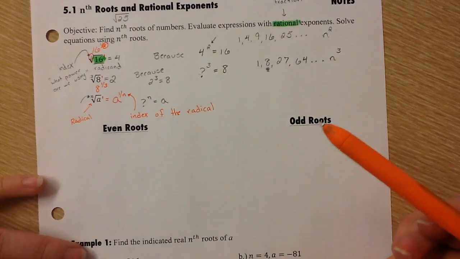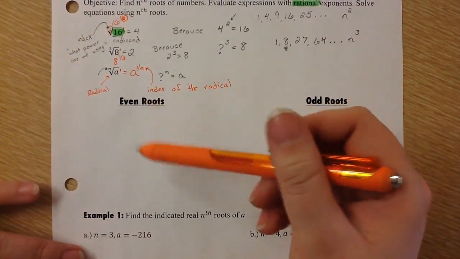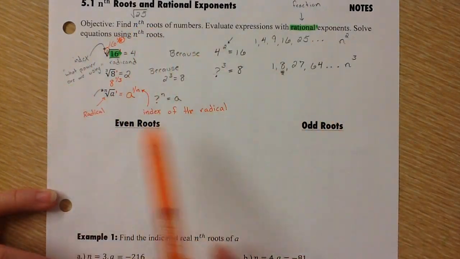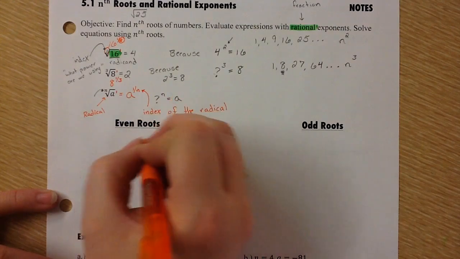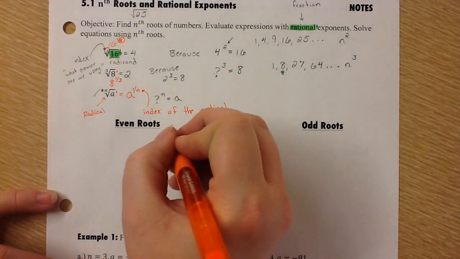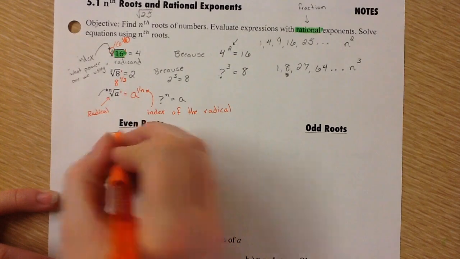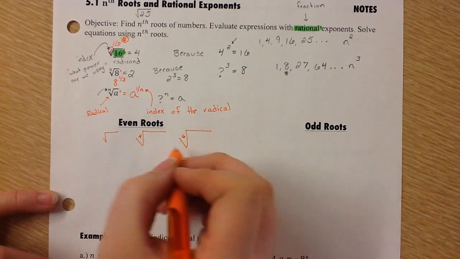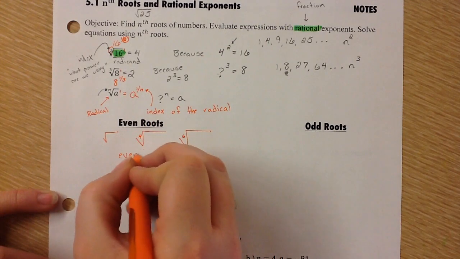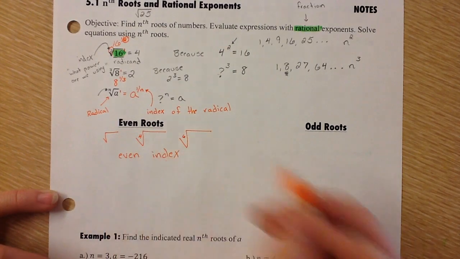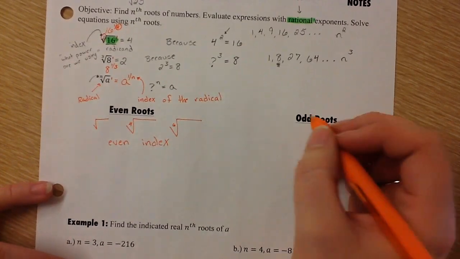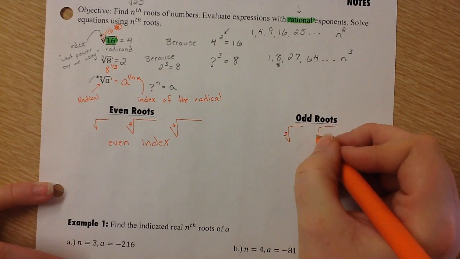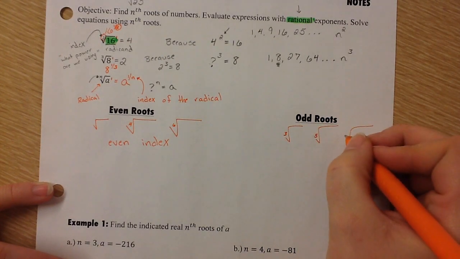So basically now, any nth root we could rewrite as a fractional exponent. Our nth roots can be divided up into two different groups. Either we have an even index, so that would be square root, fourth roots, sixth roots, or we have an odd index, where we'd have cube root, fifth root, seventh root.